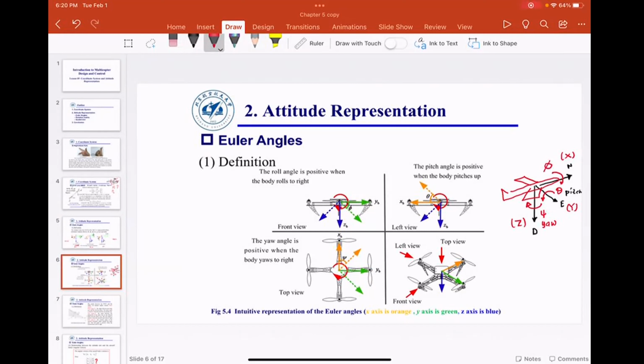This is yaw, pitch, and this is roll. Everyone understood this? Now, how does this change in the case of a quadcopter?